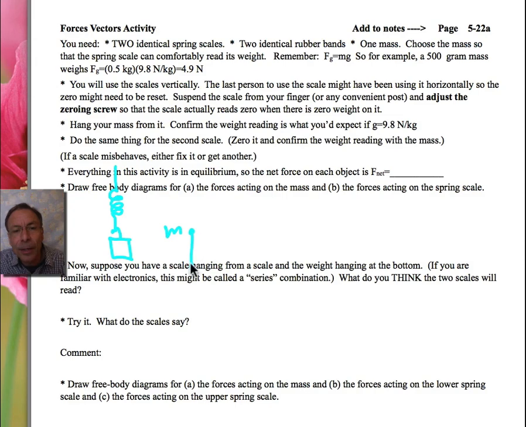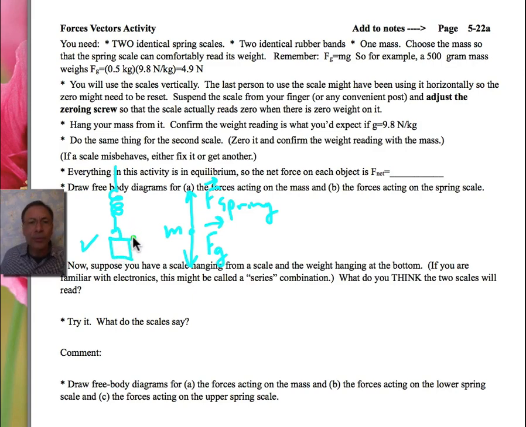There is gravity, which we'll label the F sub g vector, and there's the spring pulling up. I don't know what we'll call it, maybe call it F spring or something like that.